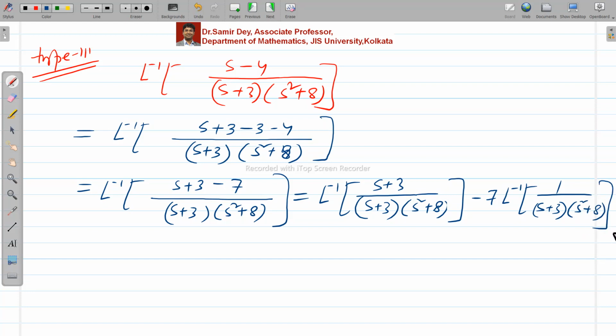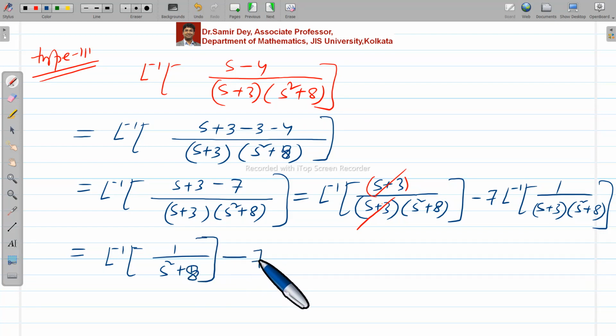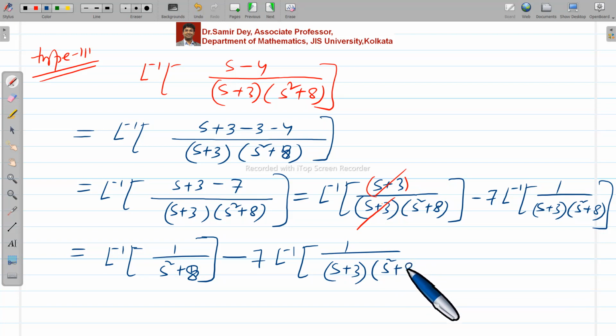Now we can see this expression is similar to the previous type, so already you know how to do that. Correct? Now this and that cancel. So how much is left? Ultimately it is coming L inverse of 1 by s square plus 8 minus 7 L inverse of 1 by (s plus 3) into (s square plus 8). Clear?